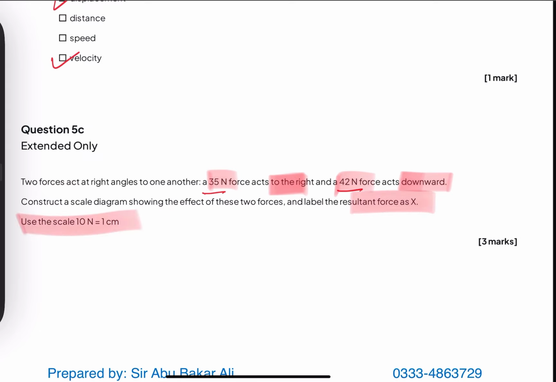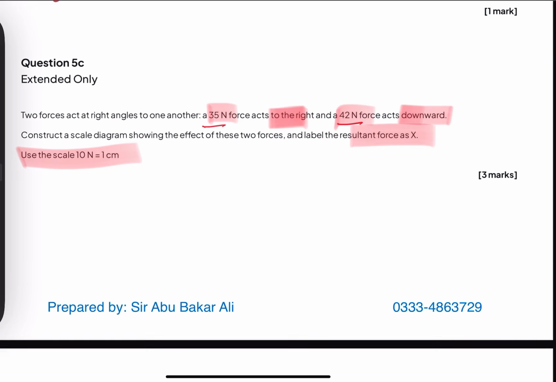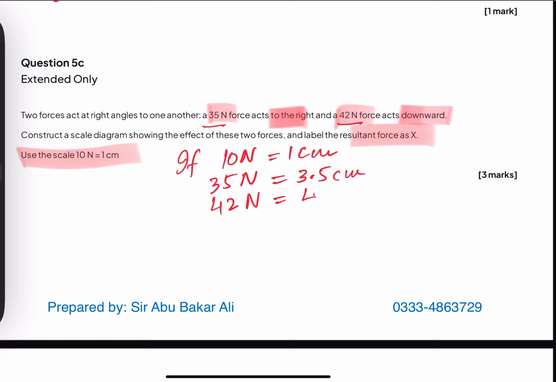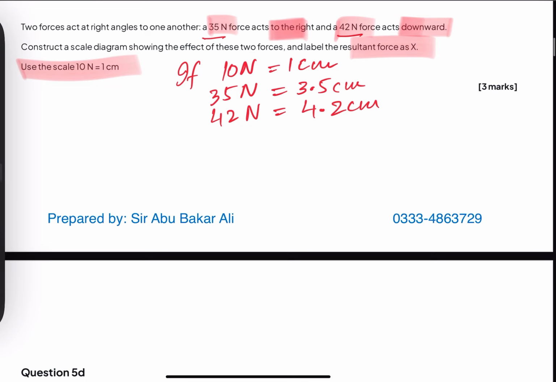And you have to use the scale that 10 Newton is equal to 1 centimeter. So if 10 Newton is equal to 1 centimeter, then the 35 Newton force will be equal to 3.5 centimeter and the 42 Newton force will be equal to 4.2 centimeter.